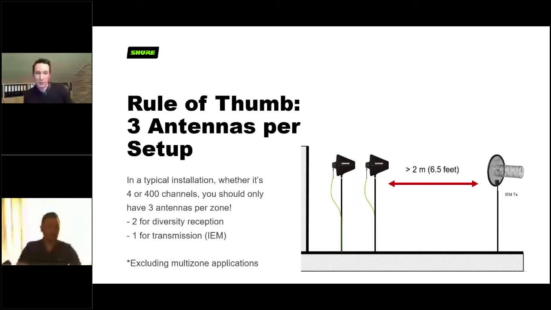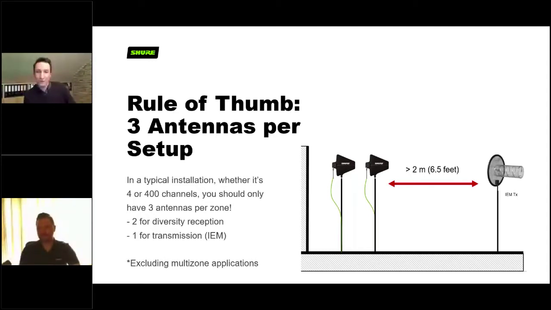Obviously, there are proper antenna spacing requirements, where we have to make sure you keep appropriate separation between those 2 antennas, so they don't interfere with each other. The one exception is multi-zone applications, because the rule of thumb of 3 antennas per setup is true as long as you're receiving and transmitting those signals in one specific area.